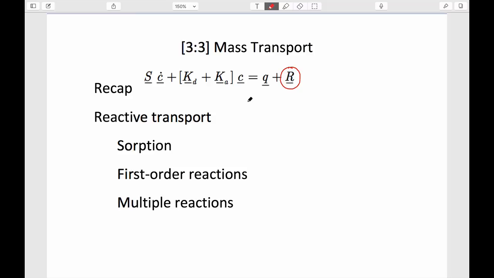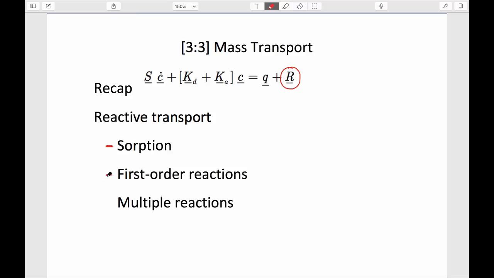And so those behaviors come under the guise of sorption, in terms of being able to remove components onto the solid, and first-order reactions and multiple reactions, in terms of being able to look at individual reactions.